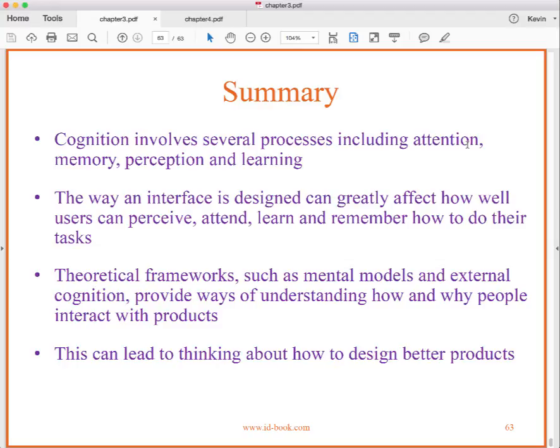So, again, in our course, the approach that we're taking is more thoughtful and scientific than simply tips and tricks. And in particular, within this chapter, we've gone through a lot of theories and models that have implications for design.